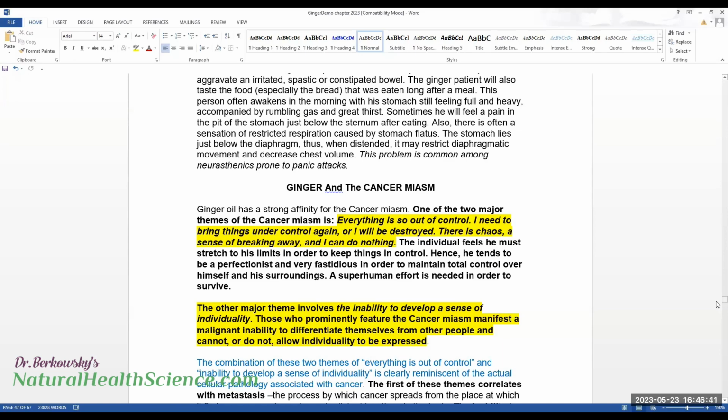So now you're stuck in this repressed state, and it doesn't even work anymore, but you can't get out of it. So de-differentiation is a term in physiology and pathology of what happens with cells. So let's just take a quick look at that, and then let's go back to ginger.